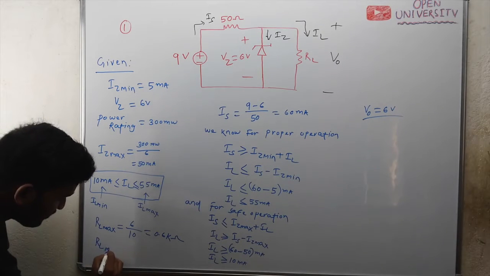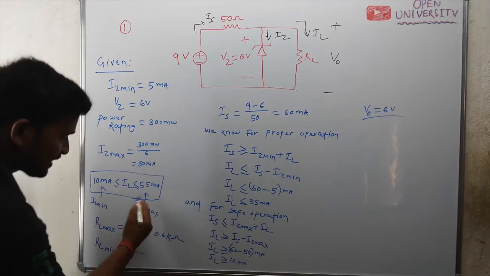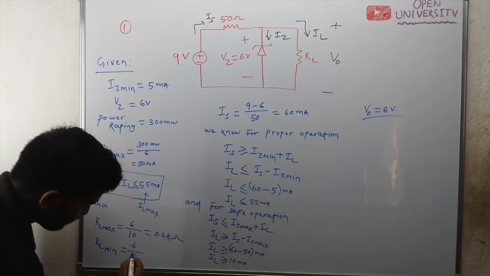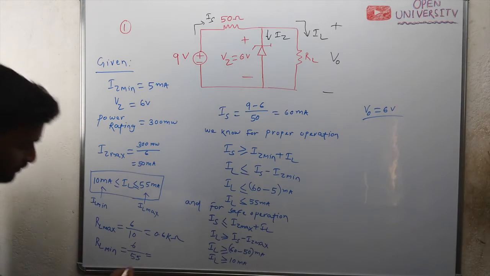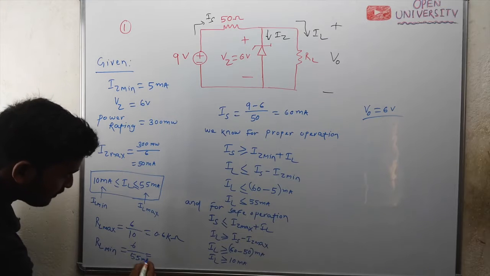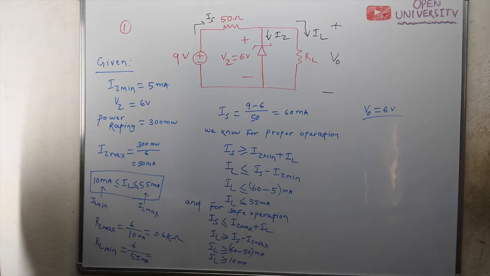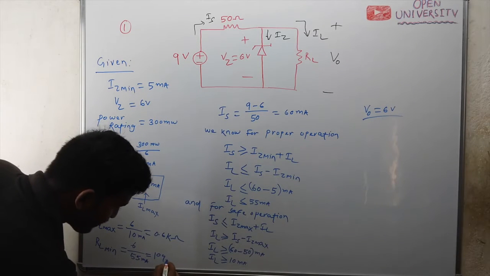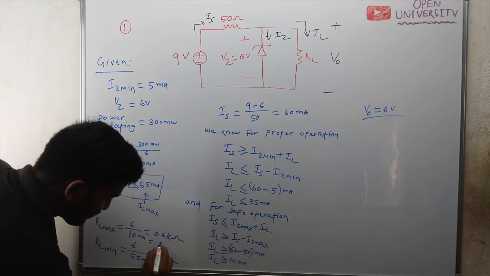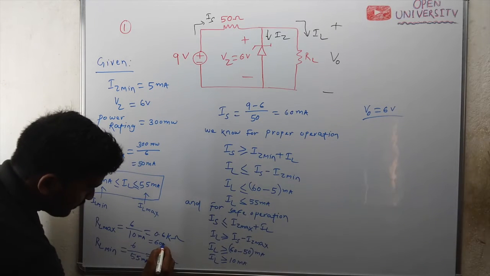So what should be the minimum value of RL? That is 6 by, what is the maximum current? 55 milliampere. Then the value will be 109 ohms. 0.6 kilo, you can say it as 600 ohm.